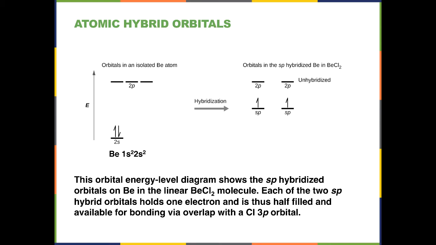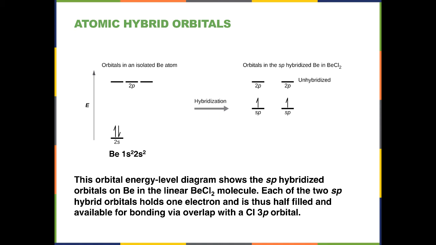And so what you have is a combination of the s with one of the 2p orbitals. And so when this bonds with chlorine, it forms sigma bonds. The electrons that are available on the chlorine form sigma bonds with each of these sp orbitals, thus forming a linear 180 degree bonding angle.